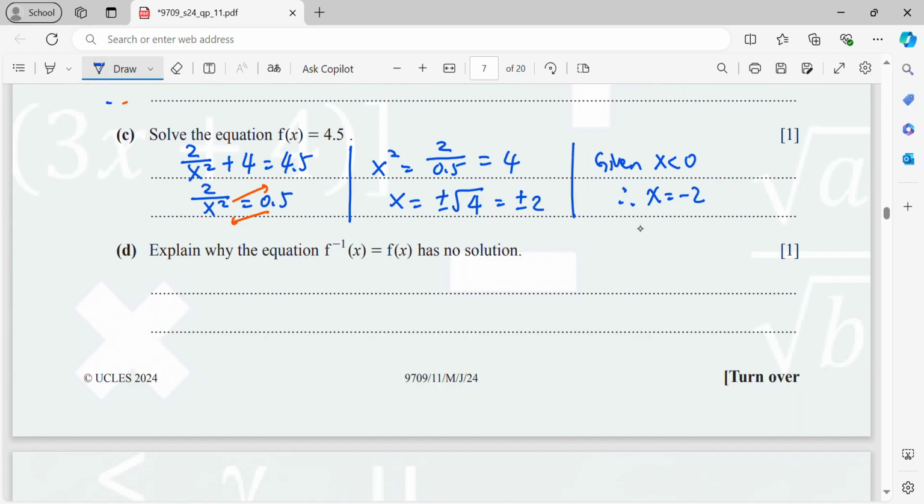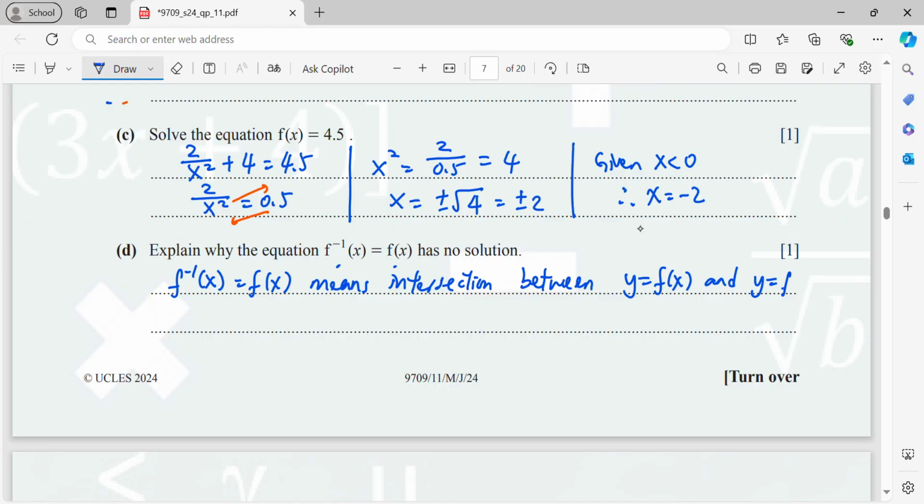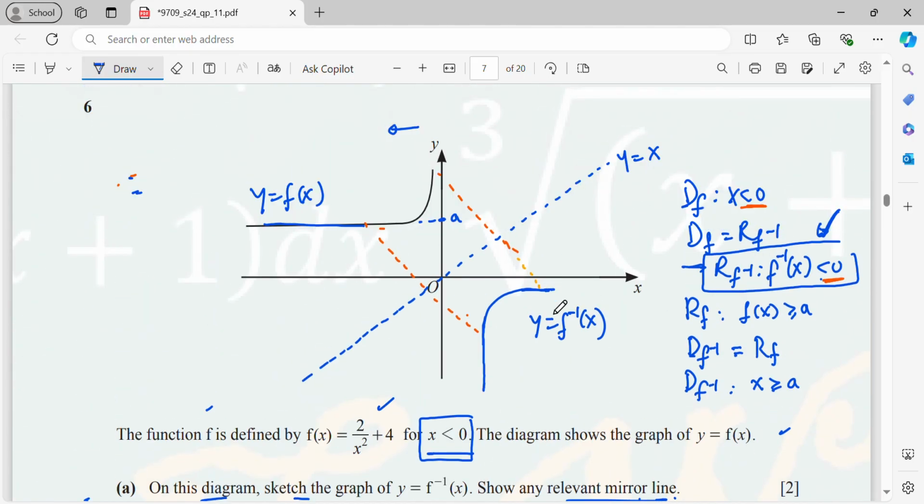Now D, explain why f inverse equals f(x) has no solution. So f inverse equals f(x) means intersection points, means intersection between the two graphs, y equals f(x) and y equals f inverse. Since we have sketched the f inverse on the same diagram here, obviously there's no intersection.